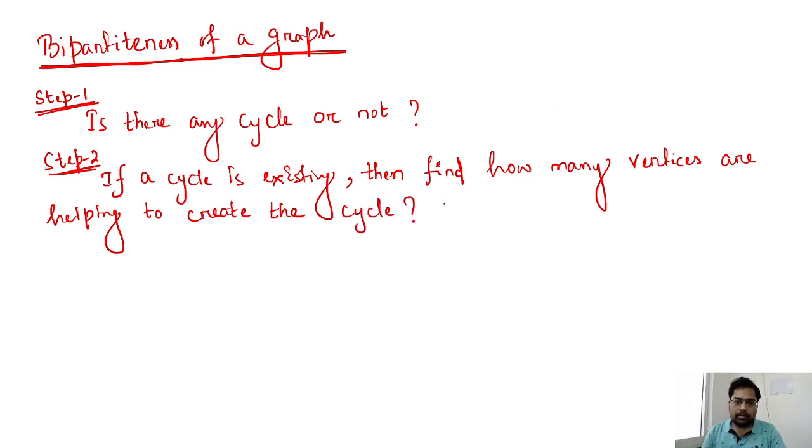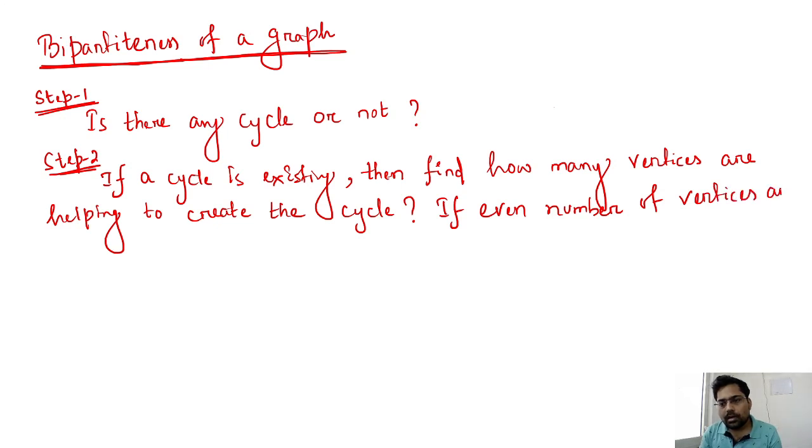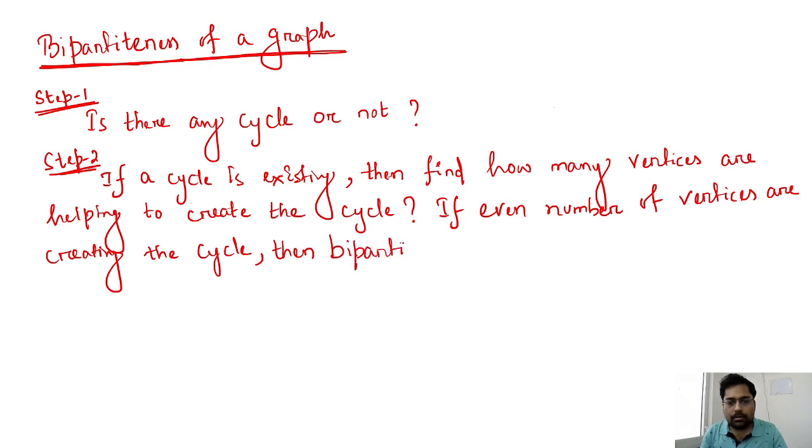If an even number of vertices are creating the cycle, then bipartite is possible, otherwise not possible.